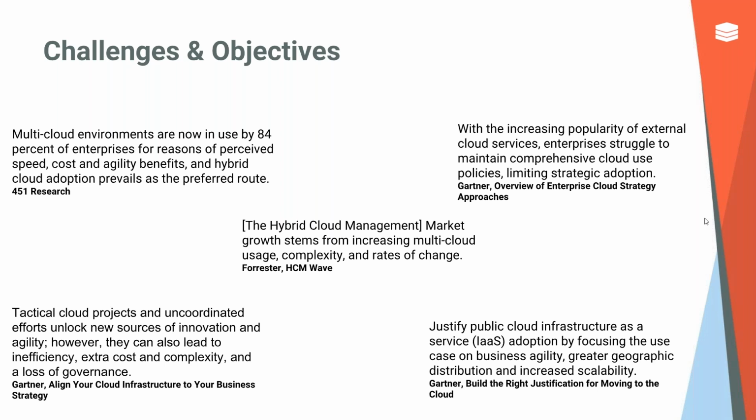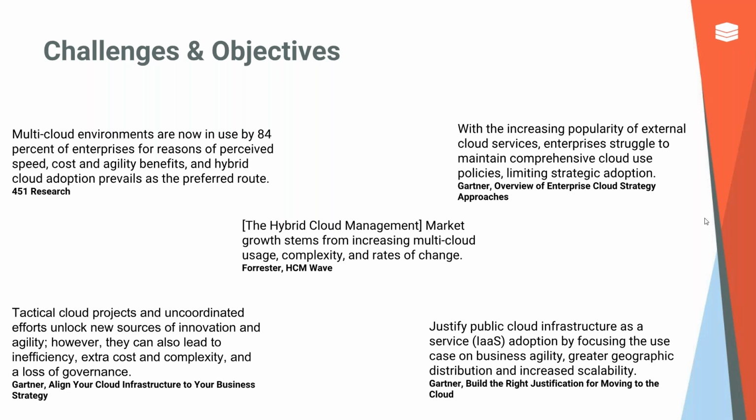So a lot of this is about capitalizing on business agility, making the enterprise move faster, and moving to the cloud in order to make the enterprise move faster without sacrificing some of that agility.